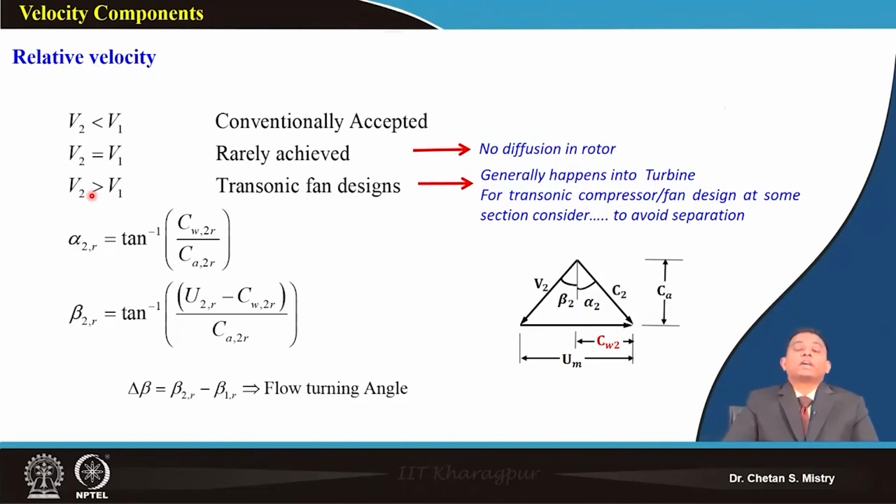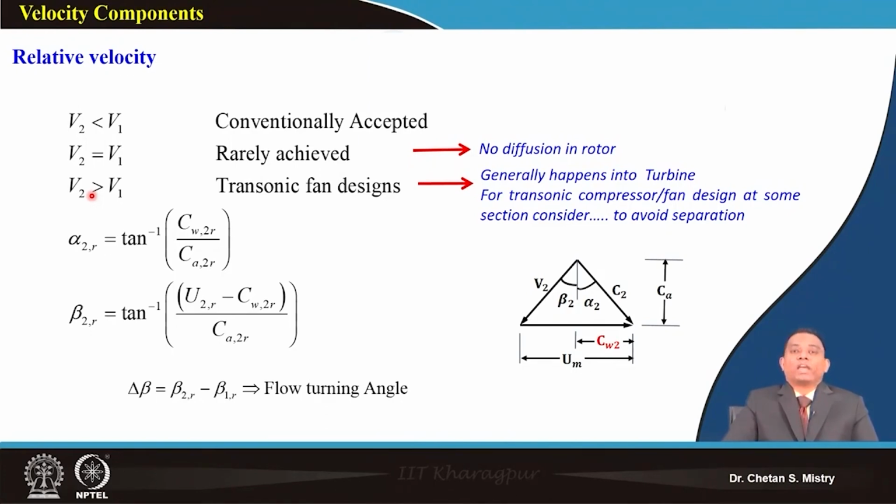If you recall, near the hub region, this is a critical problem, and that will lead to flow separation near the hub region, that is called hub stall. So to avoid that kind of situation, we are using this kind of design configuration.